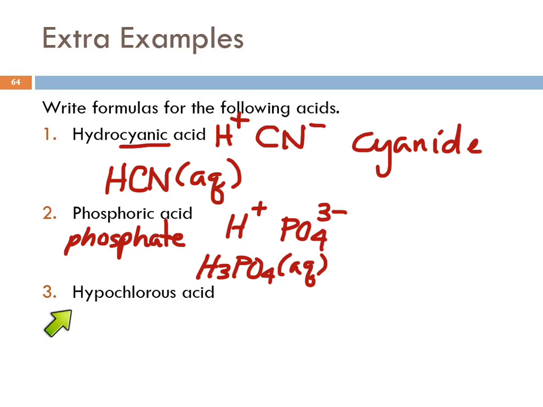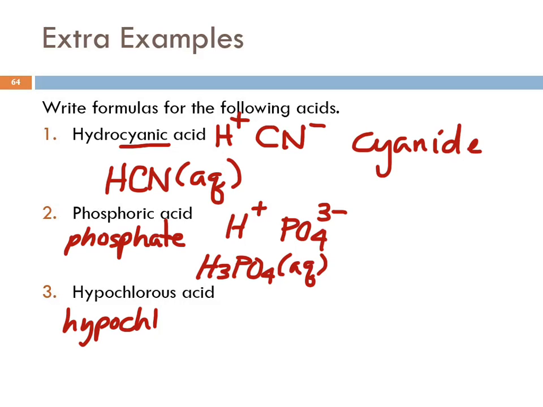How about this last one, hypochlorous acid? It's an oxyacid. Hypo and hydro are real similar, especially at 7:30 in the morning, but they're different. Hypochlorous, this is an oxyacid, and so we have to change the ous to ite.